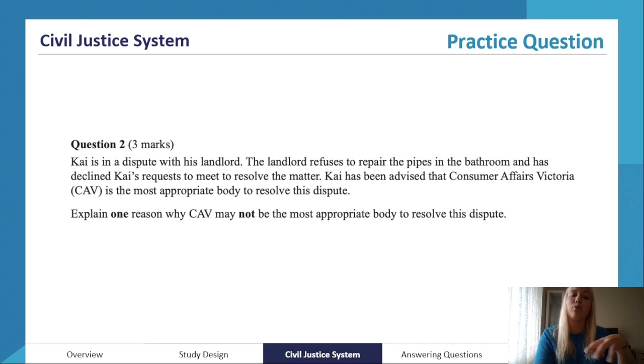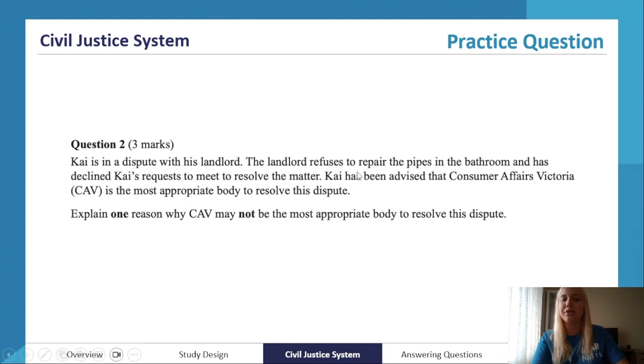So specifically, one that it is not. We know why it is. It's within the jurisdiction, right? Kai is a tenant, and he wants to initiate action against his landlord. So CAV is within the jurisdiction. What's the reason from the stimulus why CAV is inappropriate?